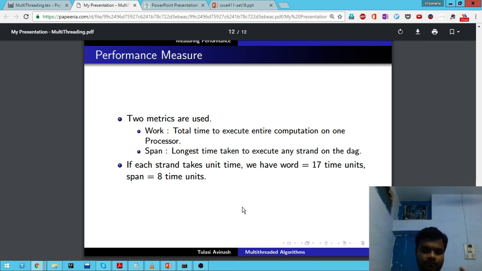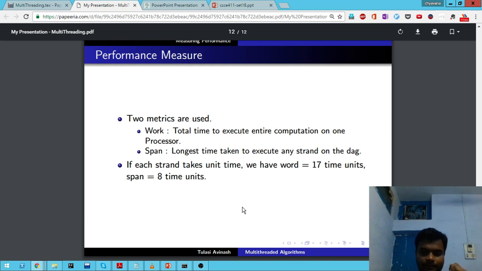The work metric defines the work done by all the processors that were active. So here the number of processes is the number of nodes that were created, because that is where the execution was taking place. We can count 1, 2, 3, 4, 5, 6, 7, 8, 9, 10, 11, 12, 13, 14, 15, 16, 17. So the work done is 17.